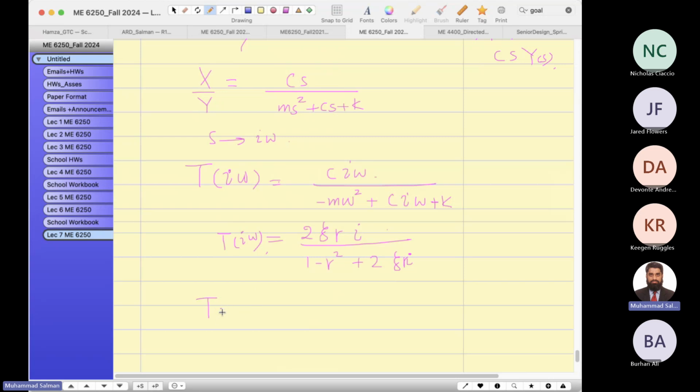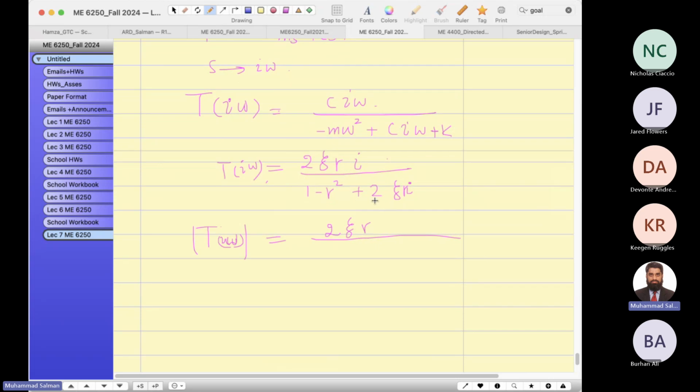Do you know that you can take the magnitude of complex numbers? By the way, the numerator is 2 zeta r. Agreed? Because the magnitude of the imaginary component is 2 zeta r. And the denominator has an imaginary component and a real component.